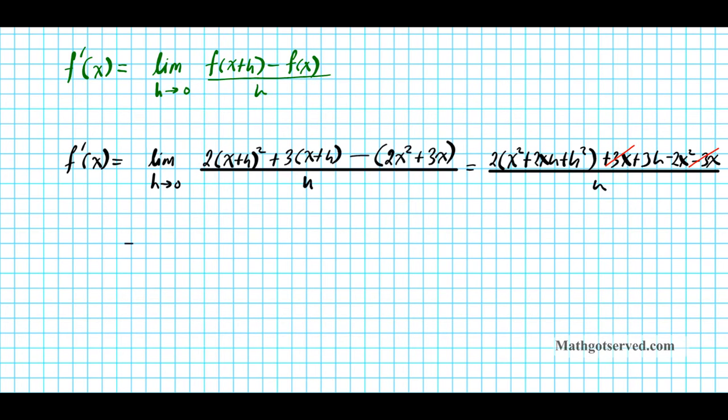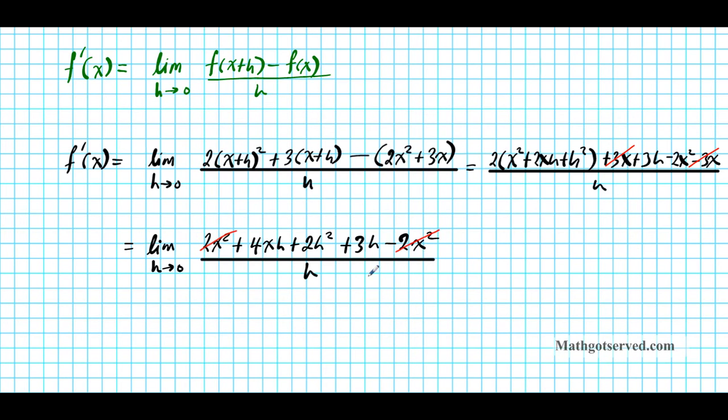So we're going to have the limit as h approaches 0 of 2x squared plus 4xh plus 2h squared plus 3h minus 2x squared, that entire numerator divided by h. Okay, now let's see what happens in the numerator. You notice that 2x squared minus 2x squared cancel out.